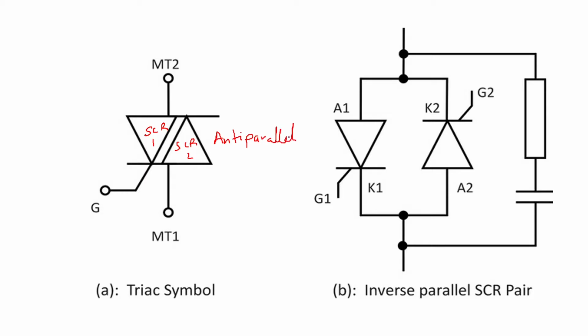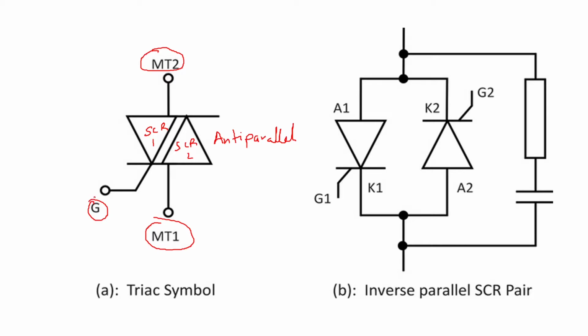So two SCRs in anti-parallel, and one terminal on top you can see, which will be called main terminal MT2. Okay, main terminal 2, and one terminal here which is called MT1, and here you see a common gate which can be applied as a positive pulse or negative pulse, whereas in SCR it was only a positive pulse, whereas here in TRIAC the gate can be positive or negative.